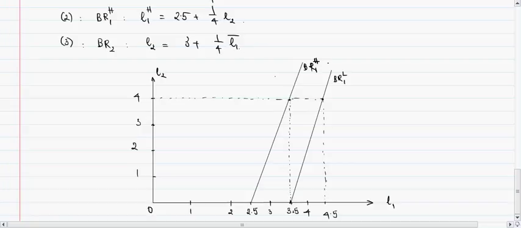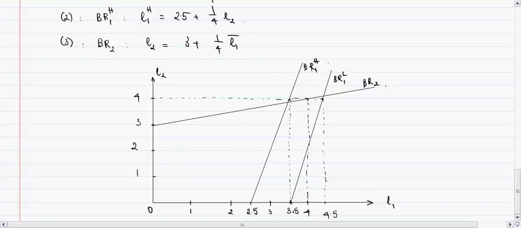If I make L1 equal to 4, L2 is going to be equal to 4, so that is going to be this point over here in the middle. If I use a line to connect these together, I have the best response function for player 2.